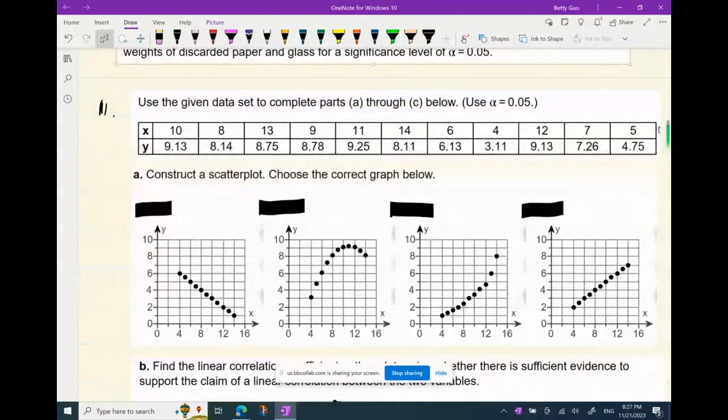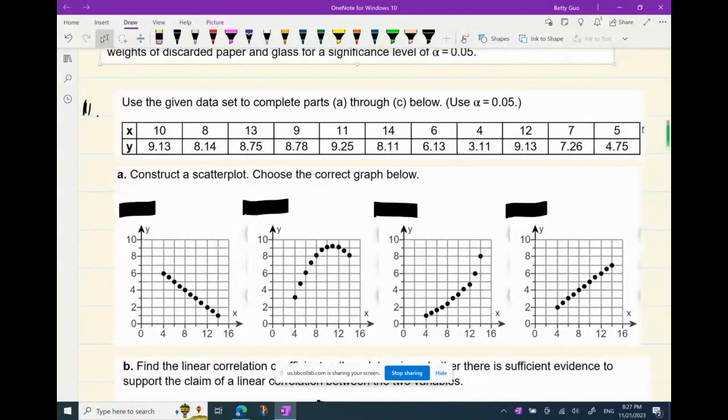Number 11, use the given data set to complete part A through part C. Use significance level equals 5%. Let me show you how we use the TI-84 calculator to construct the scatter plot of two variables.